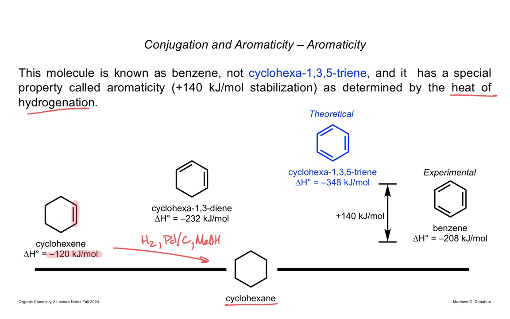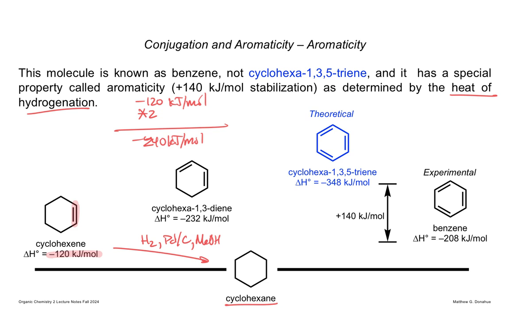So if we take that as our normal factor, negative 120, and then we add another double bond in there, so negative 120 times 2, we should measure negative 240.